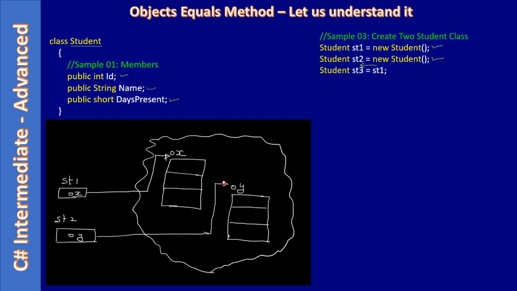C# won't expose pointers directly like C++, but for understanding purposes, we can consider these as the heap locations 0x and 0y.